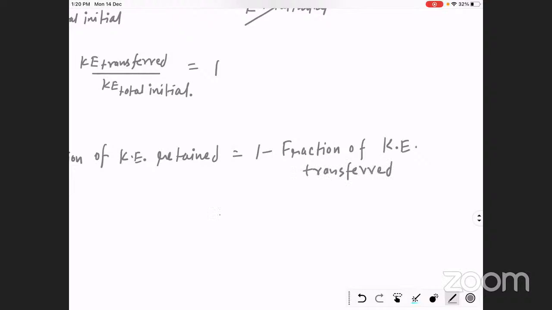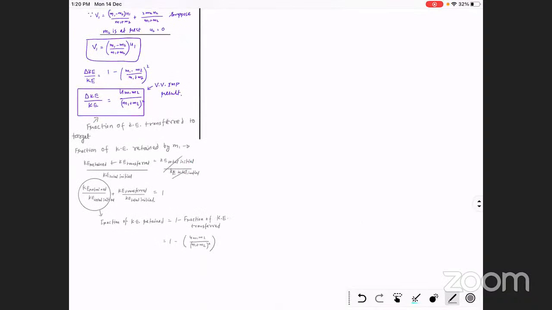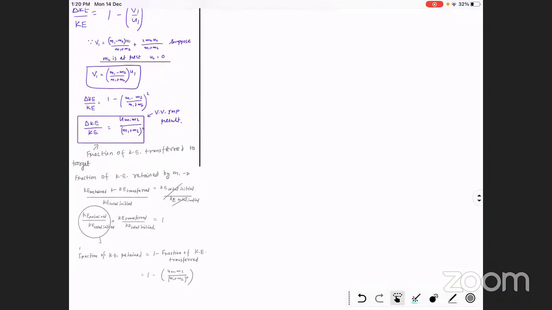It is very difficult for most of the students, I understand. So this is 1 minus 4m1m2 upon (m1 plus m2) whole square. Whoa. Copy. Copy this much.